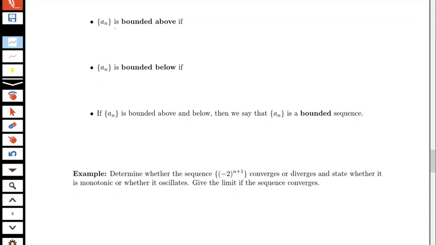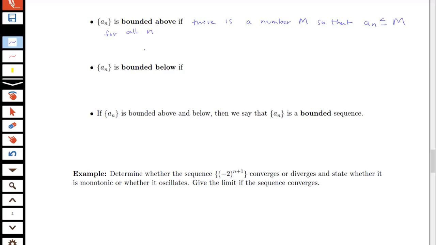We say that a sequence is bounded above if there is a number M so that the terms of our sequence are always less than or equal to that number, for all n, or for all n big enough in the sequence.